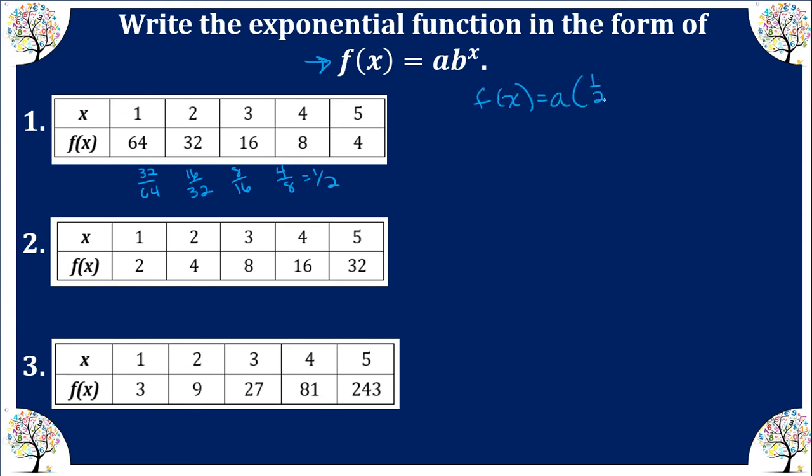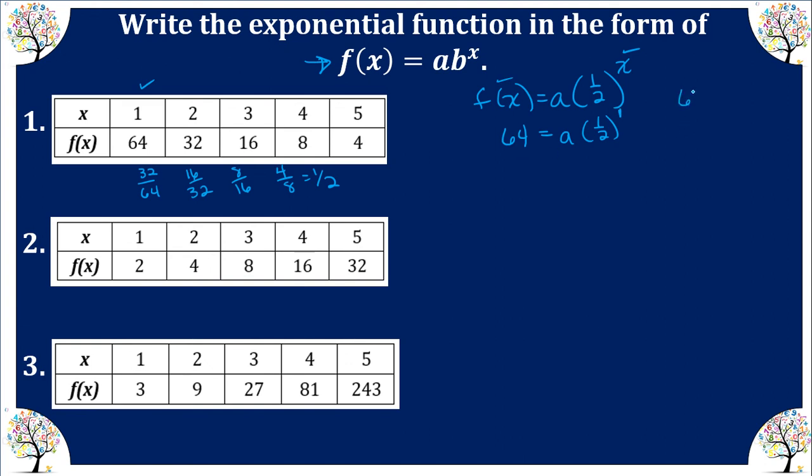To find an A value, we can simply use any of these points to plug in for x and f of x. I'm just going to use this first one. So we have our output is 64 equals A times 1/2 raised to the first.